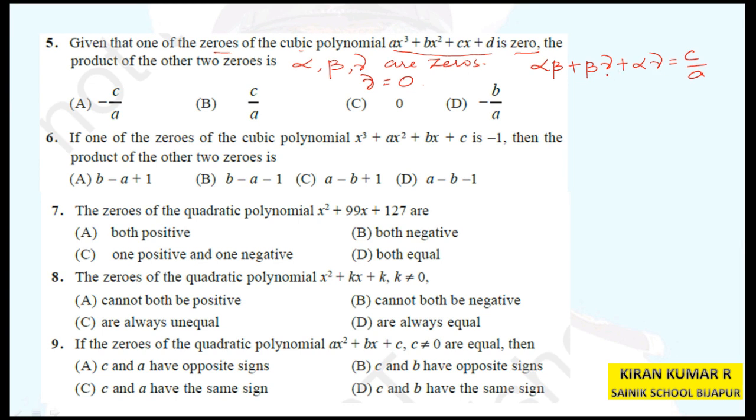Since alpha value and beta value are not 0 and gamma value is 0, substitute it: alpha beta plus beta times 0 plus alpha times 0 is c by a. So alpha beta will be c by a. So the product of the other two zeros is c by a. Option B is right.